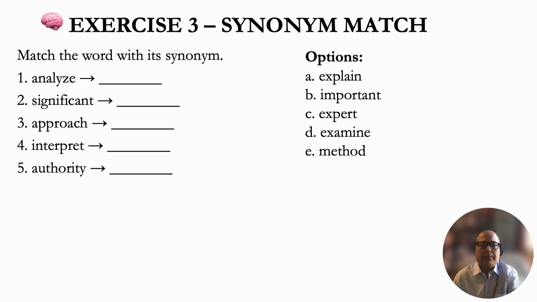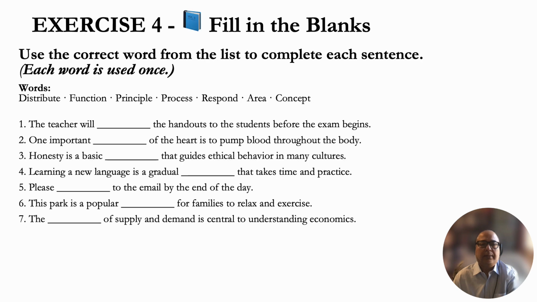Pause the video. There's one more exercise after this. So let's do this together. 1 is D, 2 is B, 3 is E, 4 is A, and 5 is C. All right, use the correct word from the list to complete each sentence.